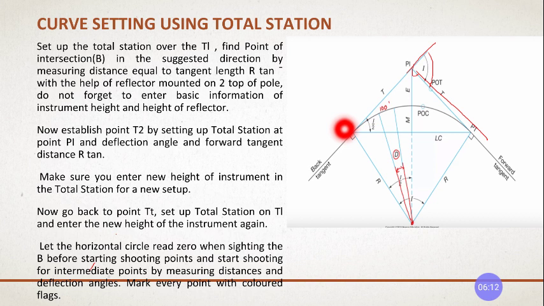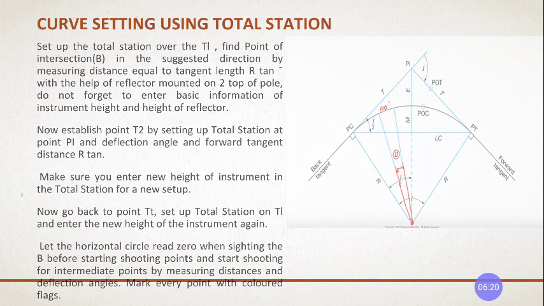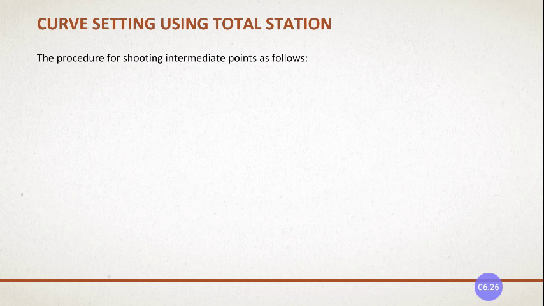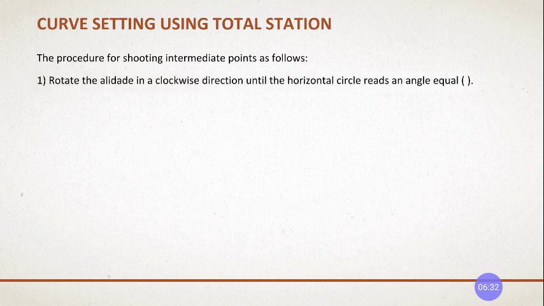So you're going to go on deflecting from here and go on marking those lines, right? Same thing, we'll be seeing more details in the lab, in the field. The procedure to shoot the intermediate points is as follows. Rotate the alidade in the clockwise direction until the horizontal circle reads equal to the value.